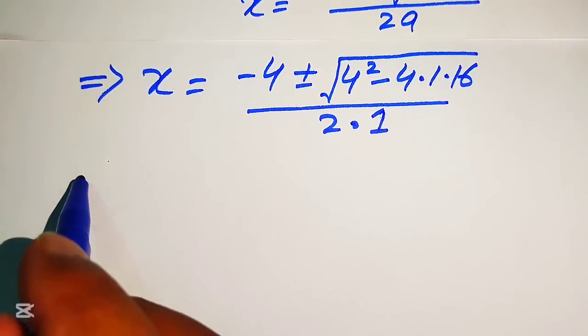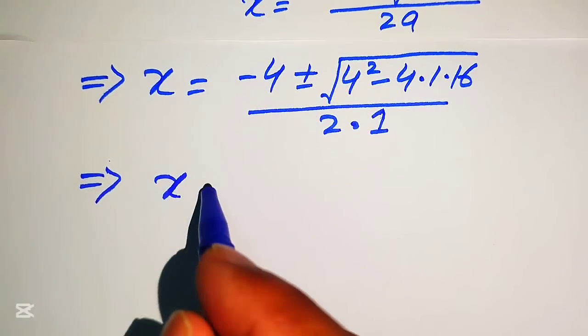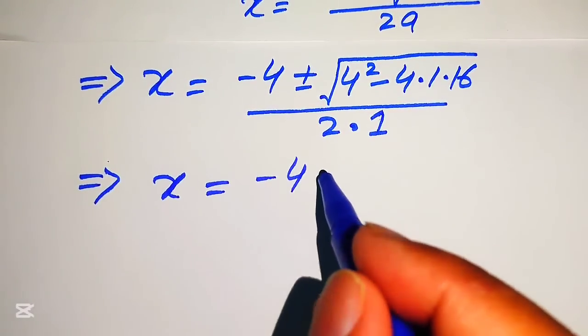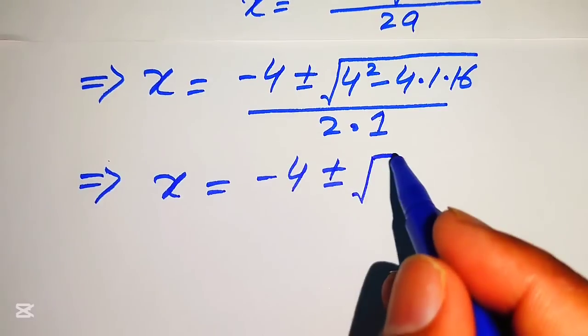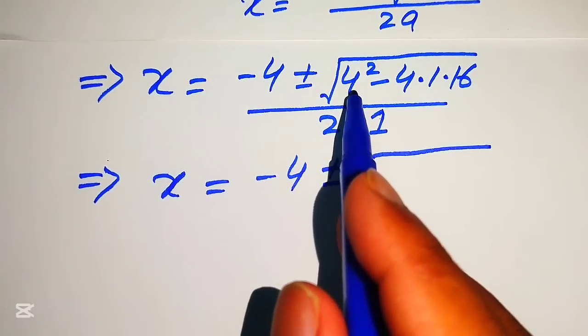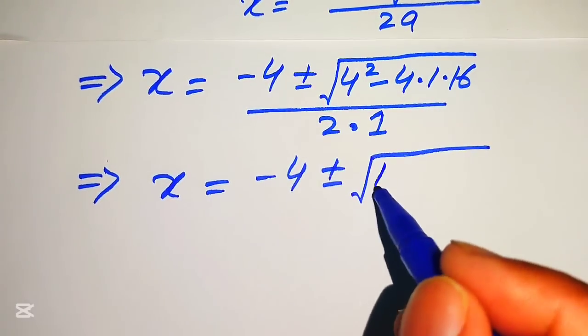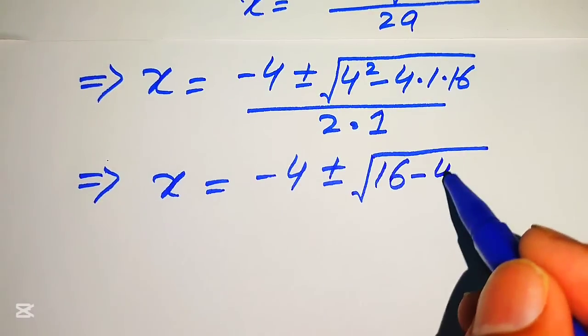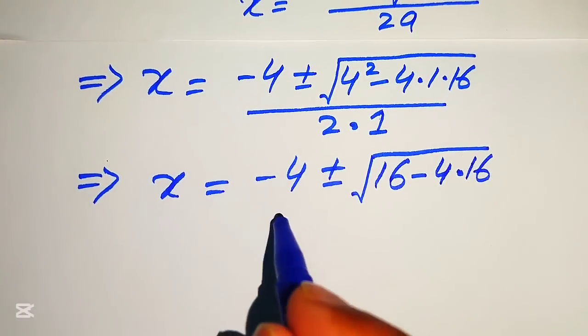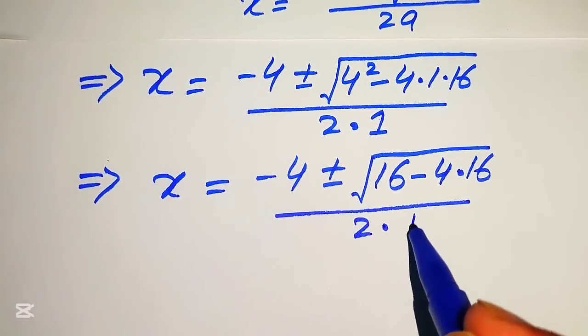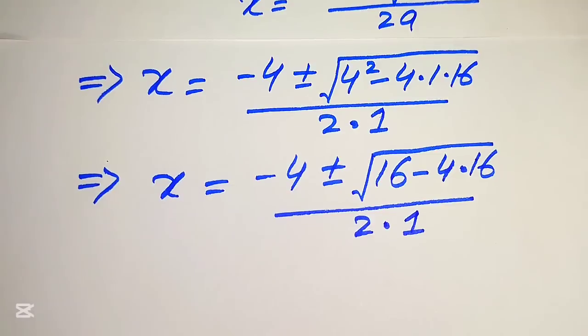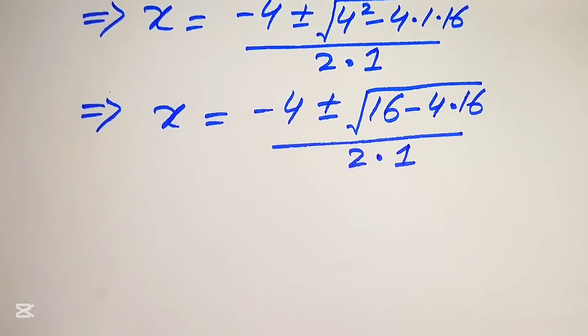And now in the next step we need more simplifications, and it will be written as x equals minus 4 plus minus square root of 4 square equals 16, minus 4 multiplied by 16, divided by 2 times a. Here our a is equal to 1.